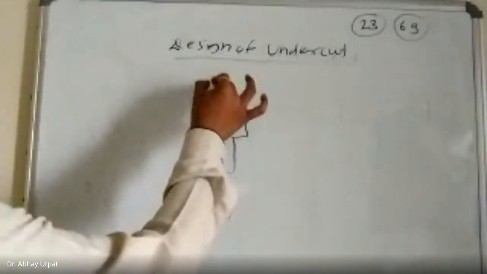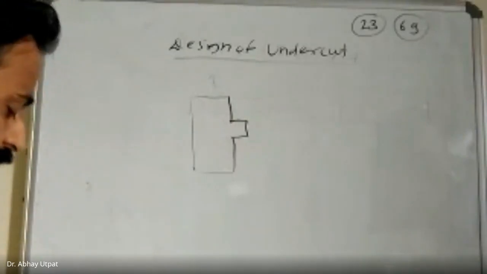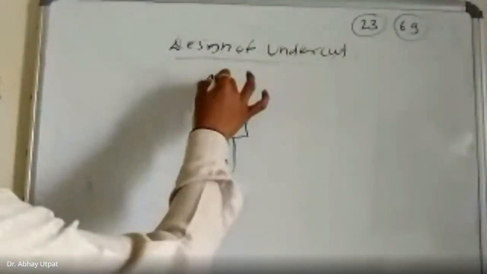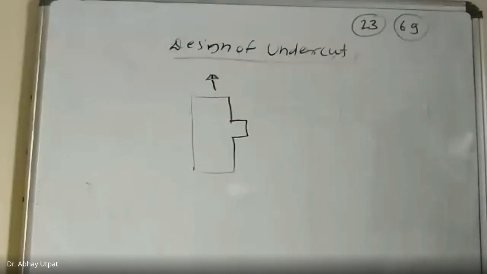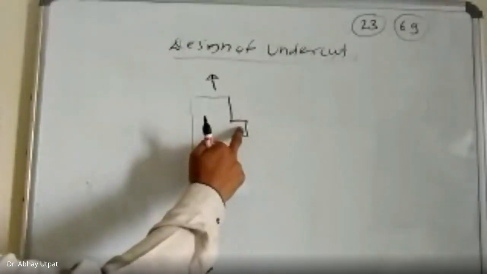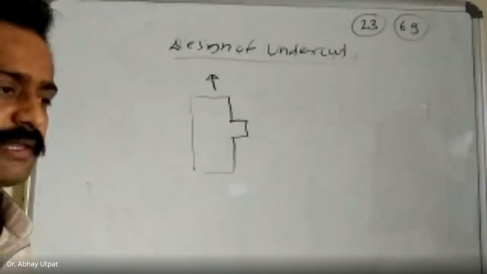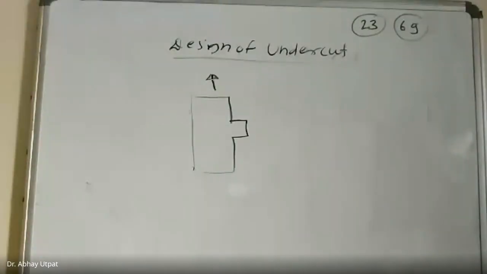If you are going to remove it in this direction, in the vertical direction, this part is called as undercut. This is called as undercut, which may act as an obstacle for easy removal of the component.